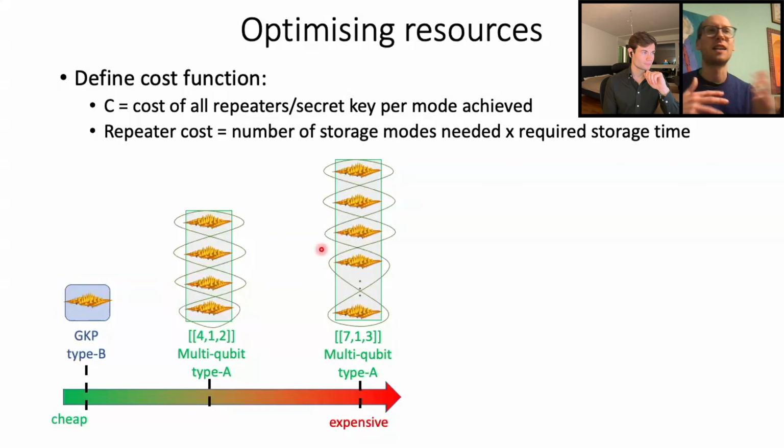You can design some kind of cost function, and say, I want high performance, for example high secret key per optical mode, but I also want to minimize the cost. Using these GKP repeaters is going to be very cheap, while using these repeaters that can operate on 7 GKP modes at once and entangle them together is expensive. Then I can define some cost function and try to optimize it.